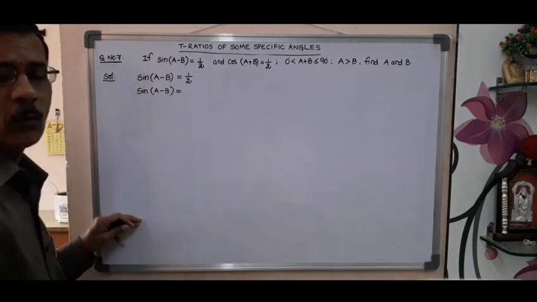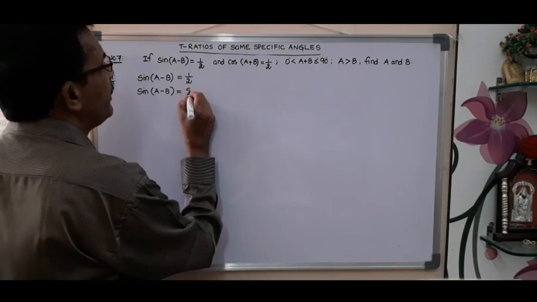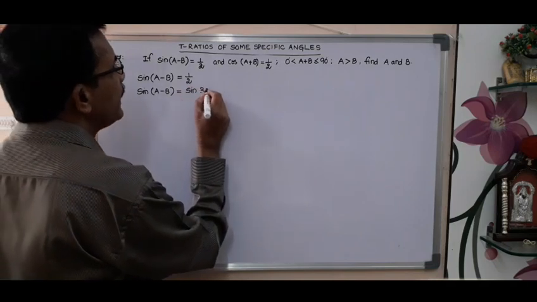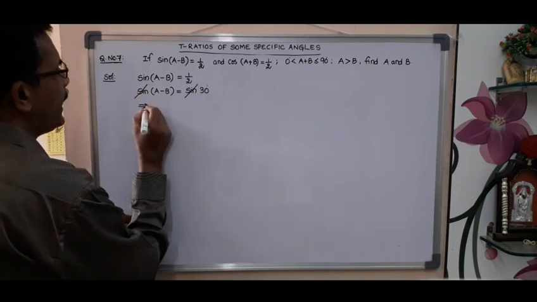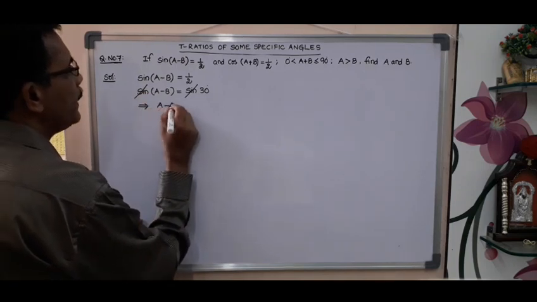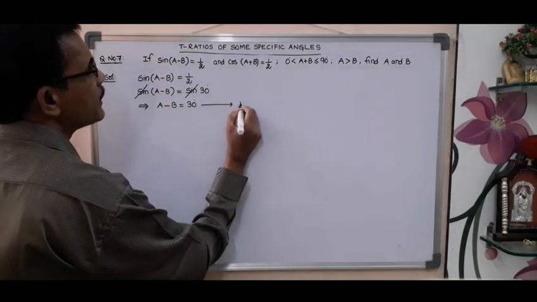In sin, we get 1/2 for sin 30 degrees. So in place of 1/2 we can write sin 30 degrees. On both sides sin will get cancelled, so A - B is equal to 30 degrees. It is equation 1.